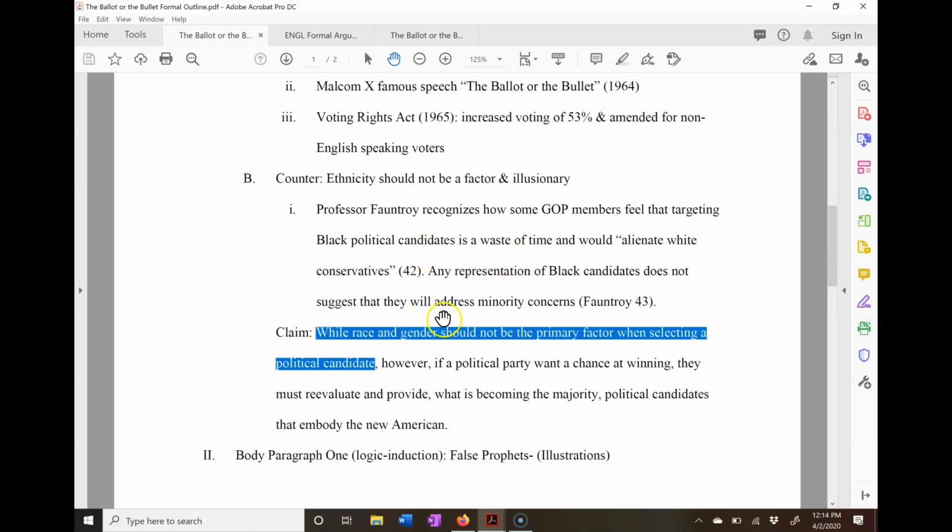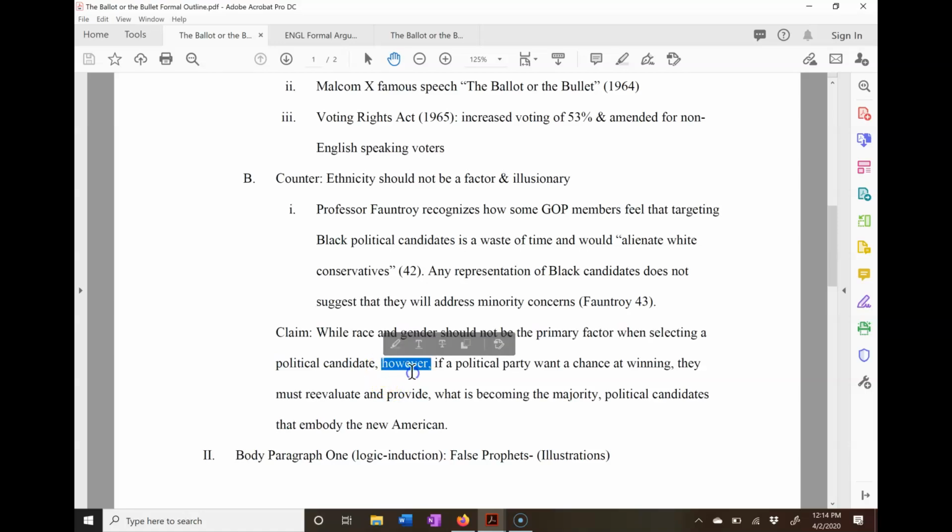And I will present more than one. This is just the one that I put here, but I can present as many as I need to in order to present the opposition fairly. So I present my transition from my opposition to my claim, which is why you see the transitional word however, because I am moving into my argument.